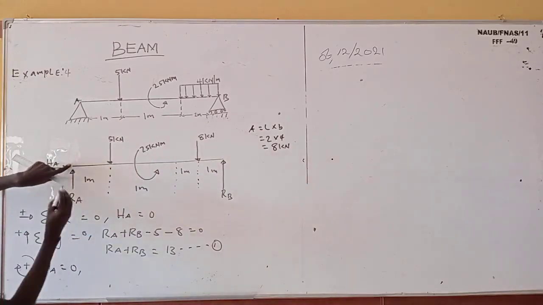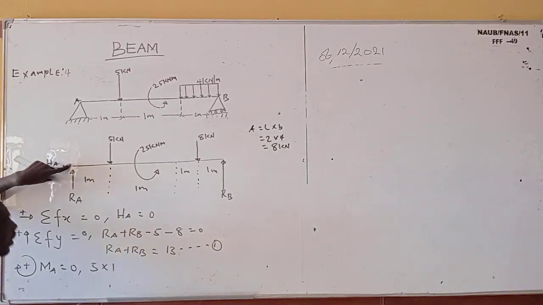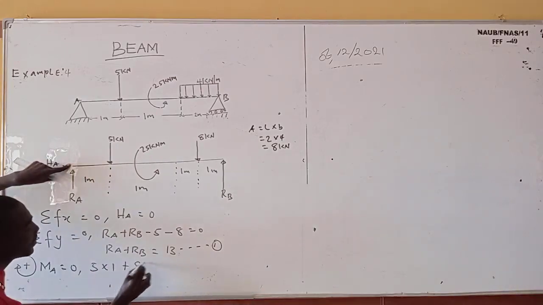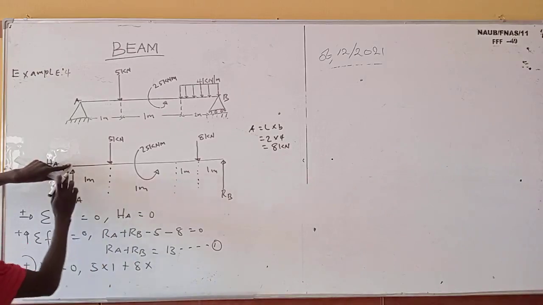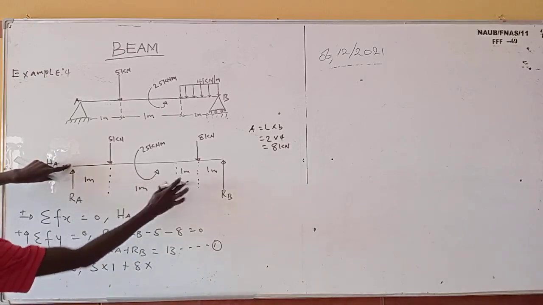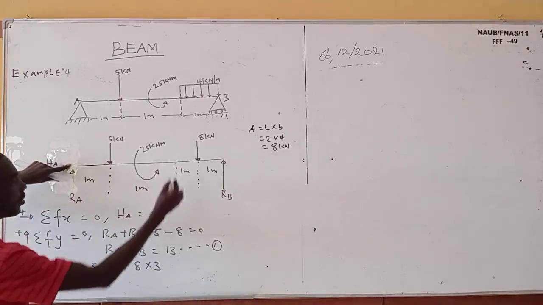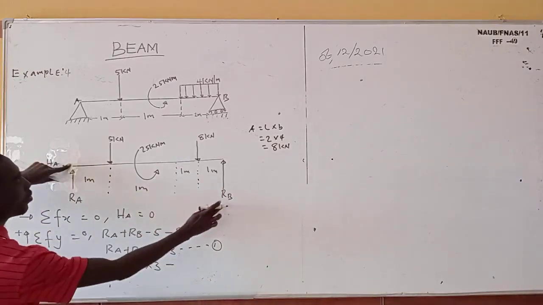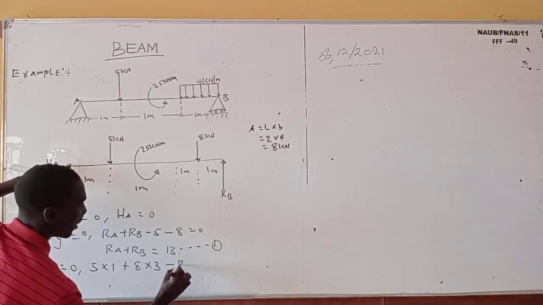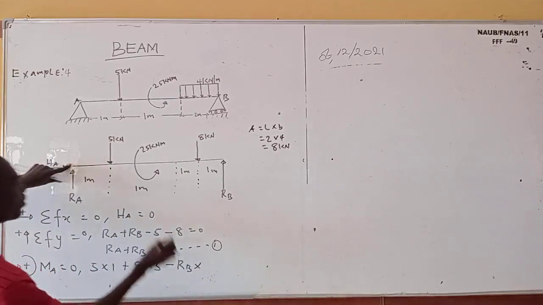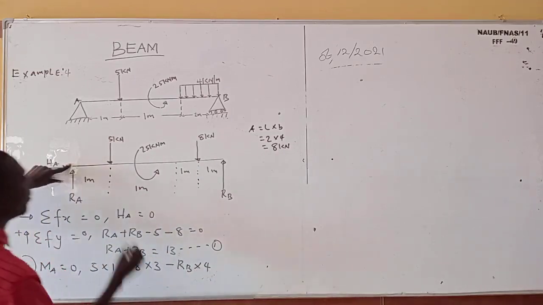So now let's go. We are going to have 5 times 1 plus 8 times, what is the distance from here to here? It is 1 plus 1 plus 1, which is 3. Minus R_B times the total distance, which is 4.